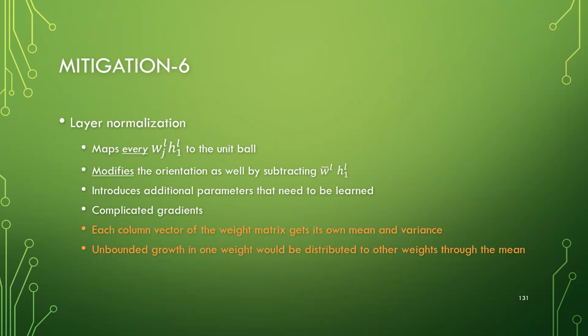What happens is that if you have unbounded growth in one weight, it would distribute that to other weights through the mean. So that's another issue.